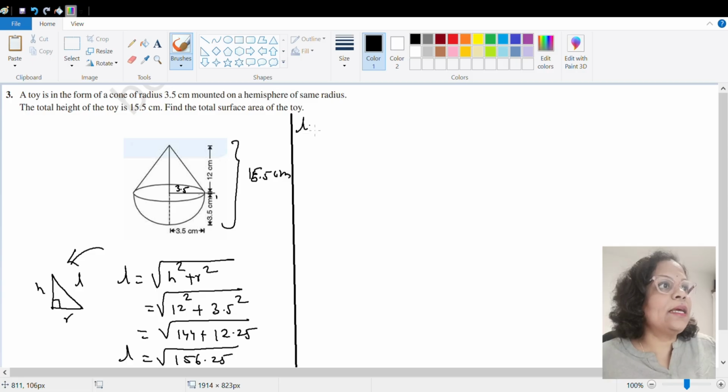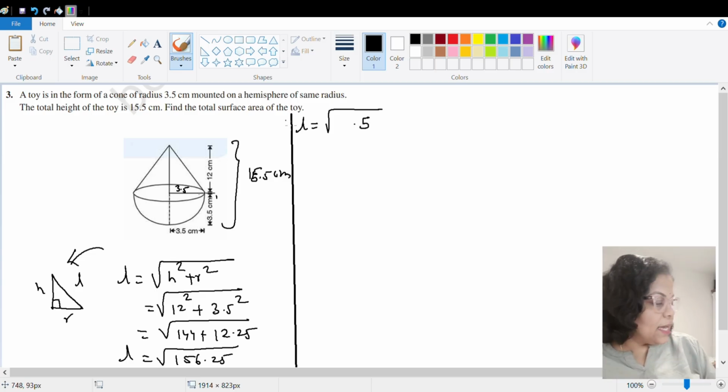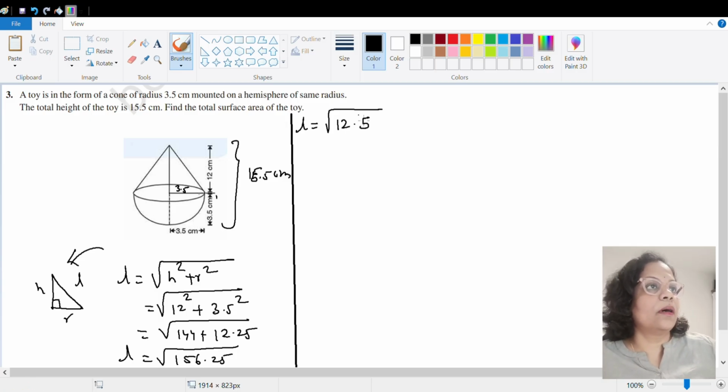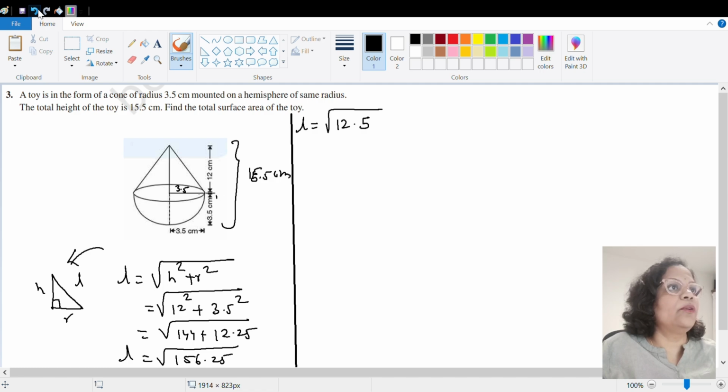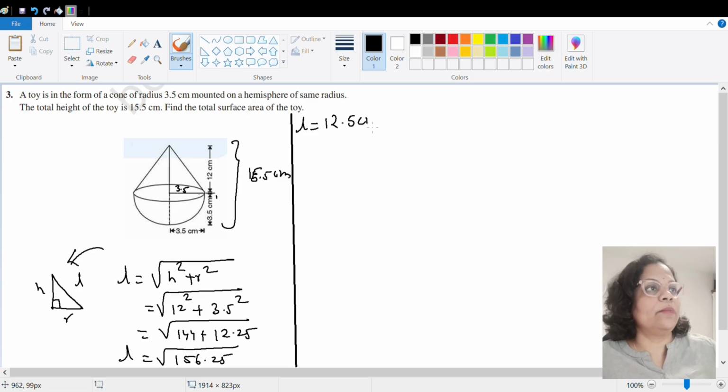So under root of 156 is 12 and of 25 is 5, so l is equal to 12.5 centimeter.